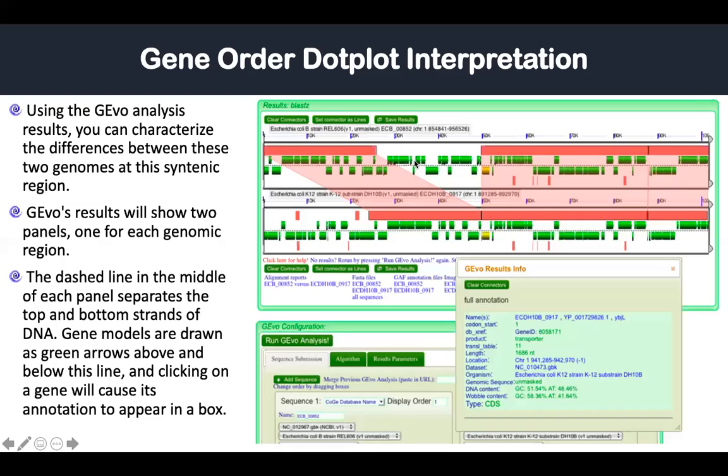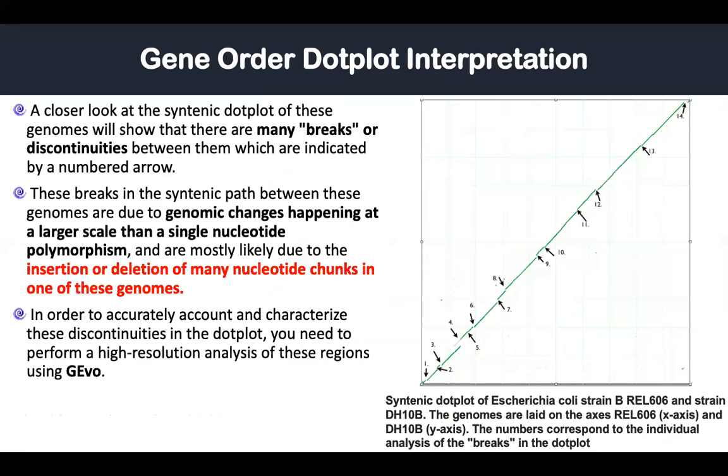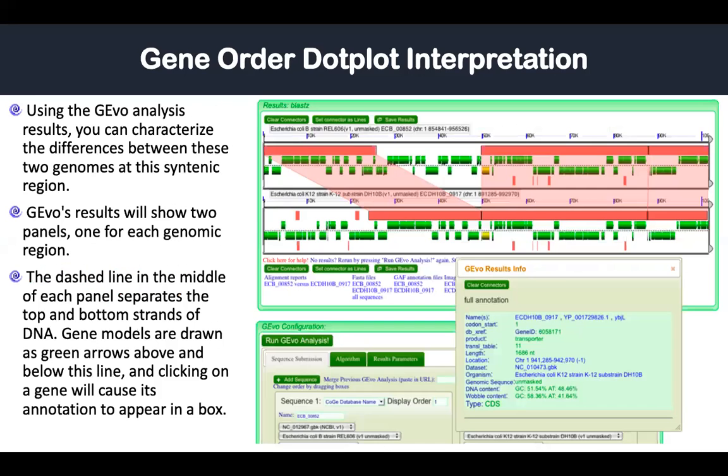If you look closer into the genome, you can see why this happens: these genes are not present in the DH10B, hence there is no synthetic region, and you cannot draw dots or lines in your dot plot, right? So this is an example of how you see an insertion or a deletion of one or many genes in a genome.